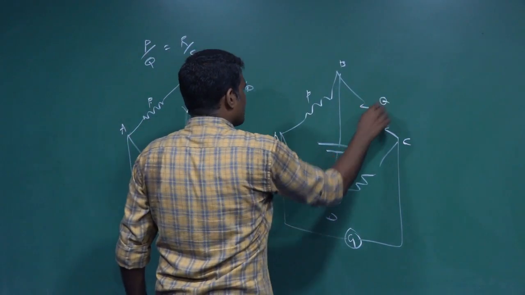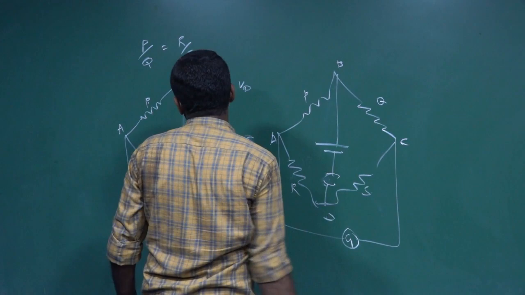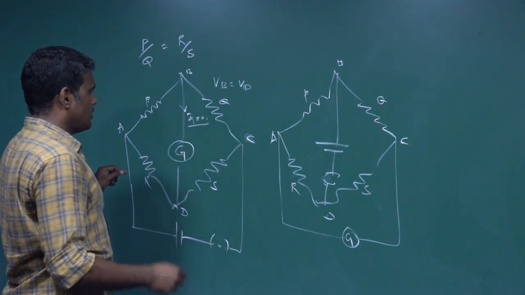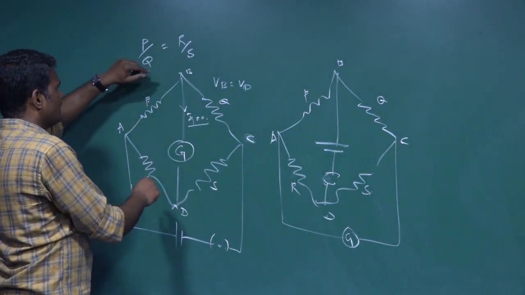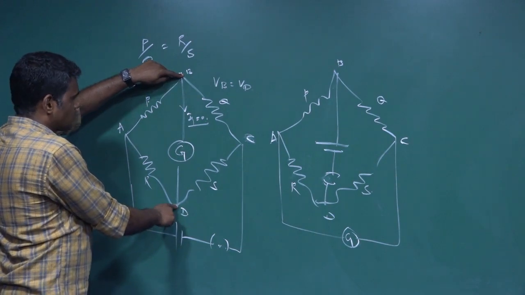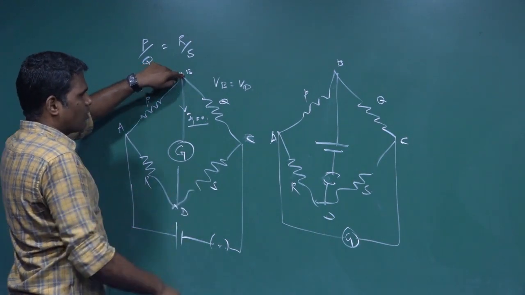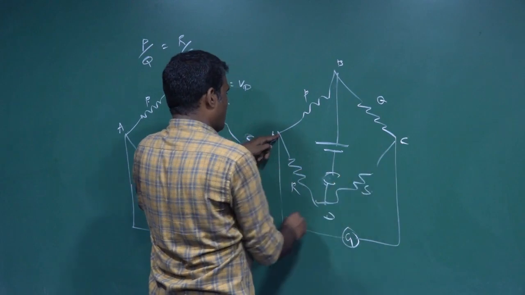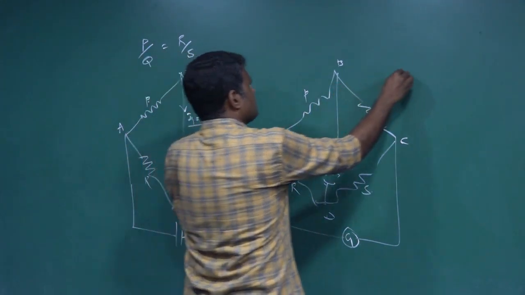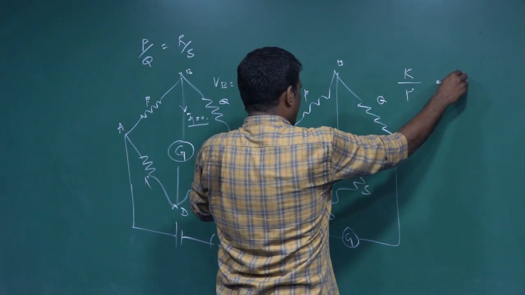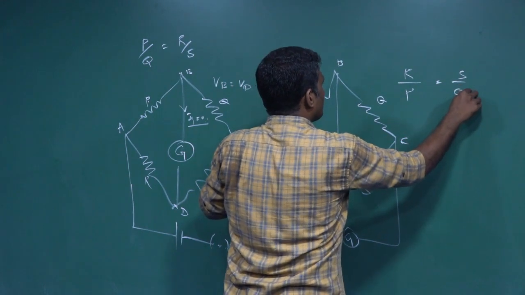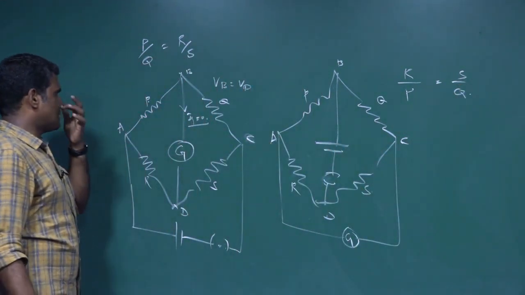This is P, this is Q, this one is R and this one is S. Then you have to take the junctions which are holding the galvanometer. Now A and C are holding the galvanometer. Then I can write R by P equals S divided by Q.